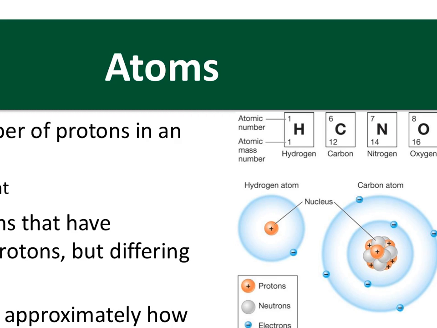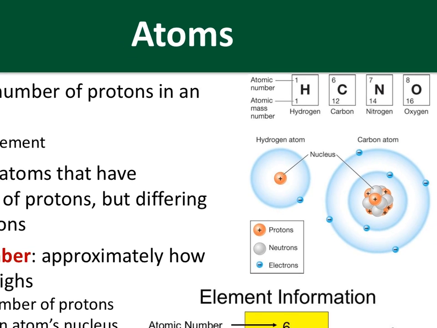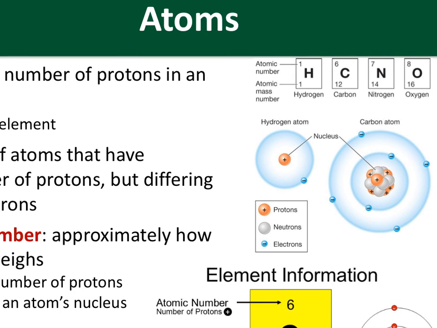And just so you know, a proton has a value of 1 in terms of mass units, and a neutron about the same. So if you have carbon 12, that means you've got 6 protons, 6 neutrons, and 6 electrons.